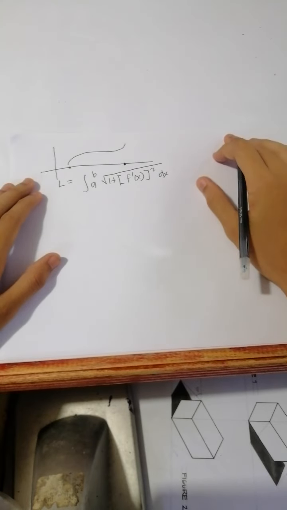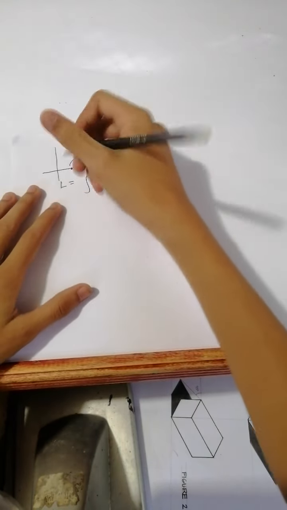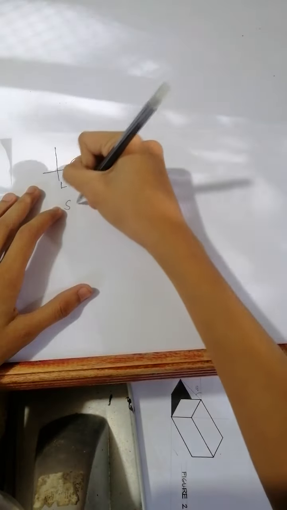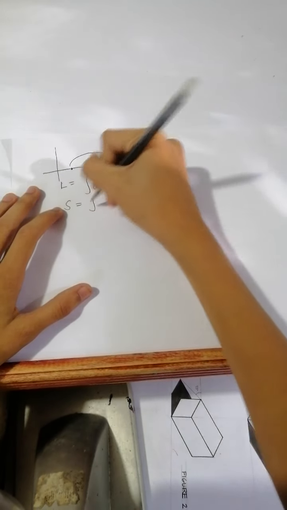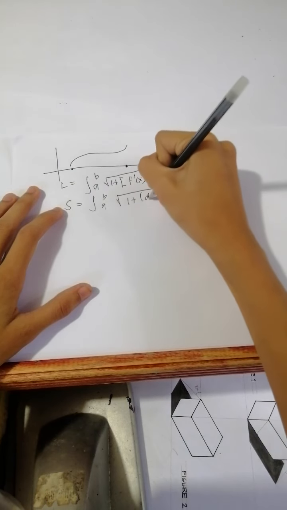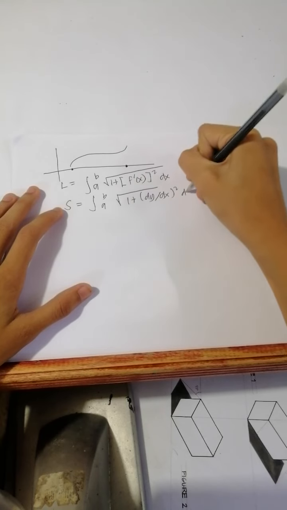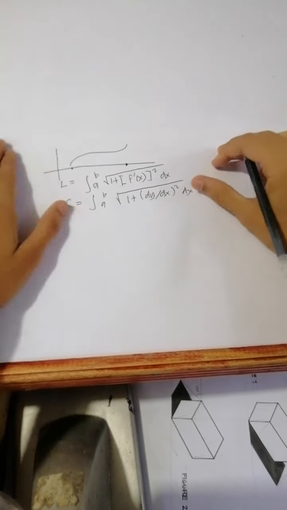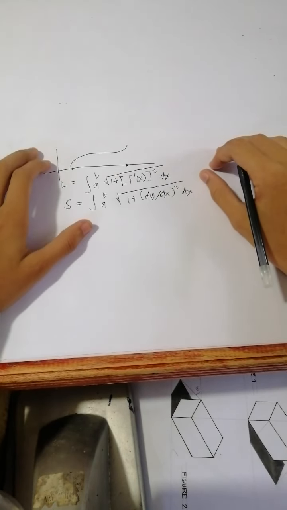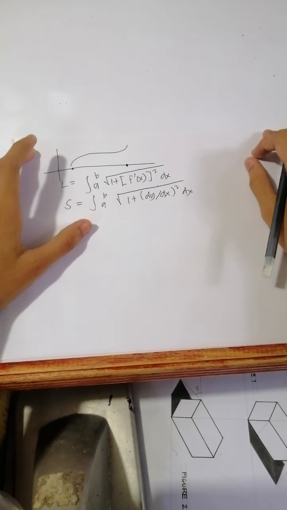So here's the first formula, but the second formula can be written like this: the integral from a to b of the square root of 1 plus (dy over dx) squared, dx. Now these two formulas are the same and will give you the same answer but through a different process.